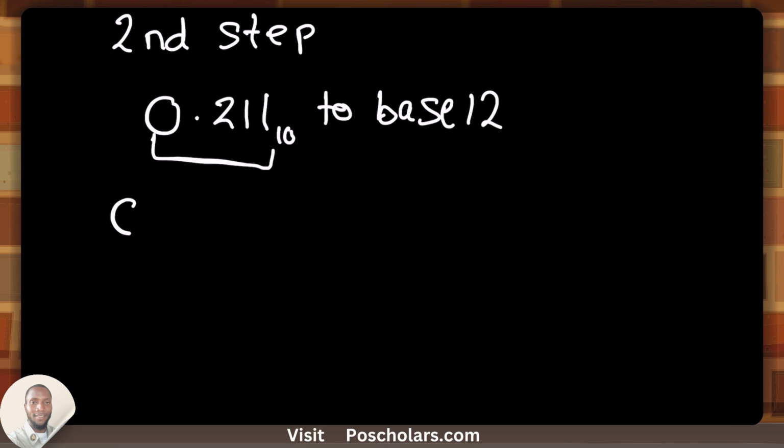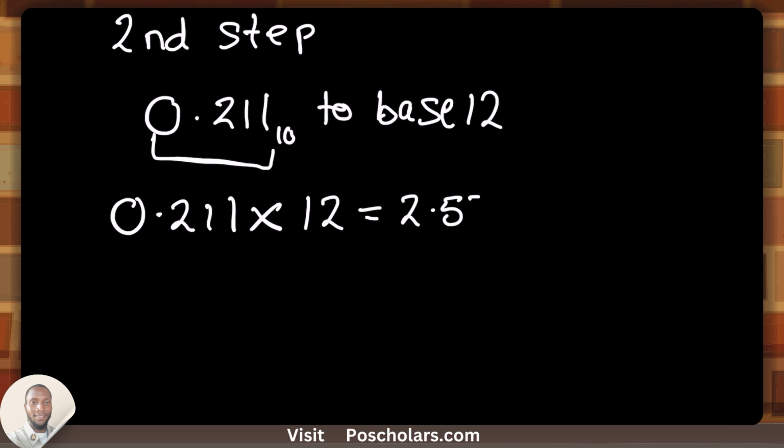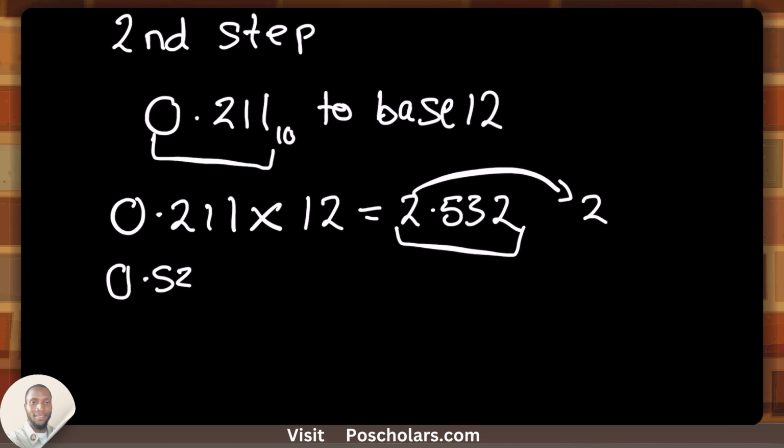So we say 0.211 times 12. When you multiply it, you have 2.532. We are interested in the whole part, which is 2. Next, the decimal part for 2.532 is 0.532. So we say 0.532 times 12 again.